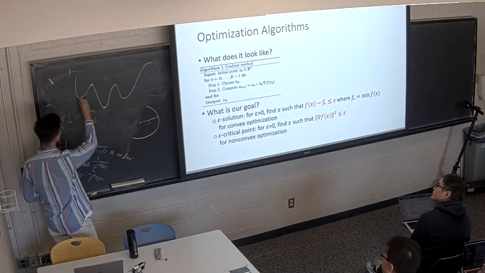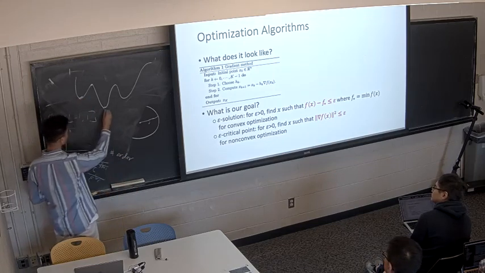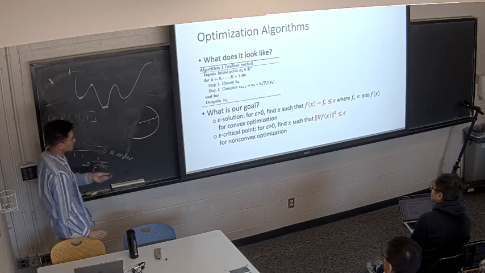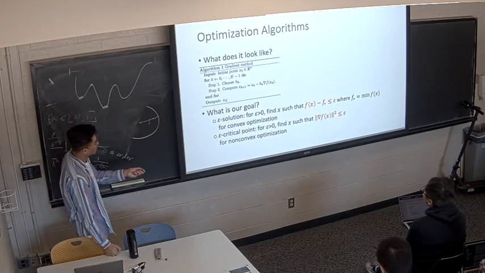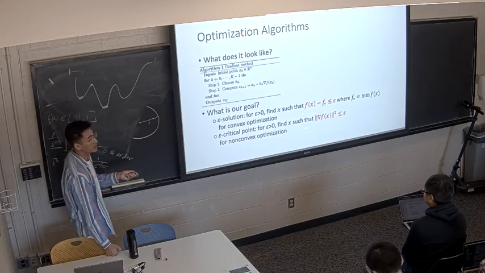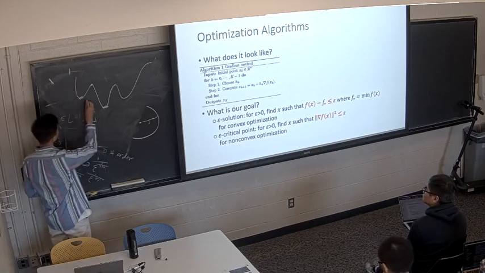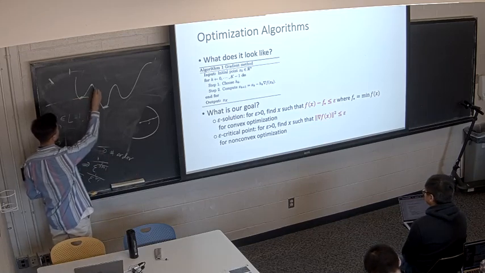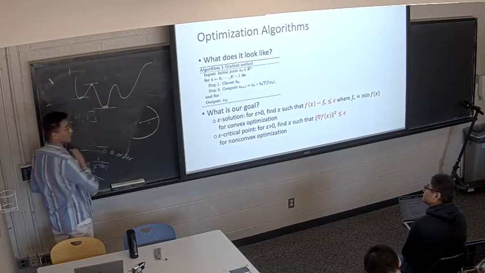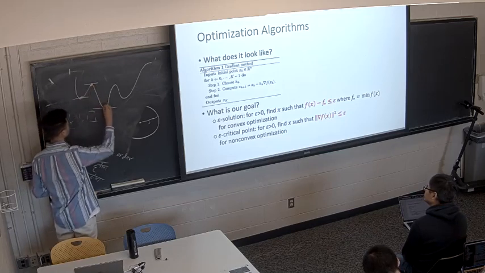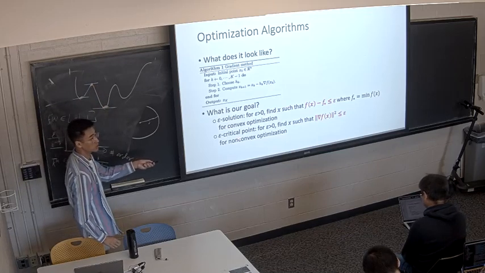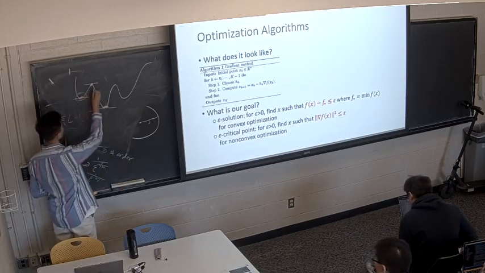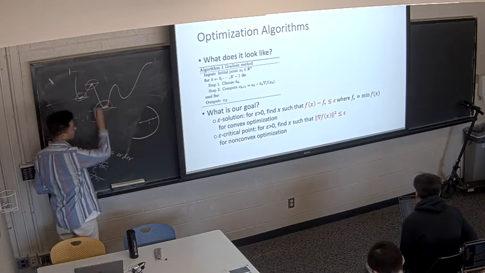Because we cannot guarantee the global minimum, we are just interested in any point that has a small gradient. So basically it means anything that has a flat cutting plane. So all these points could be the epsilon solution. Anything within a small region could be an epsilon solution.